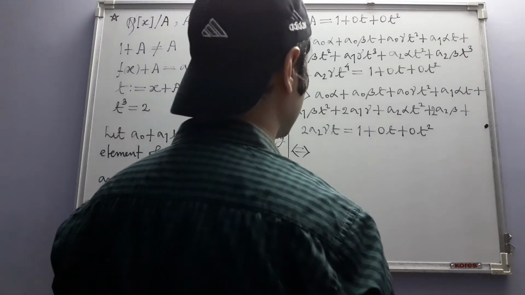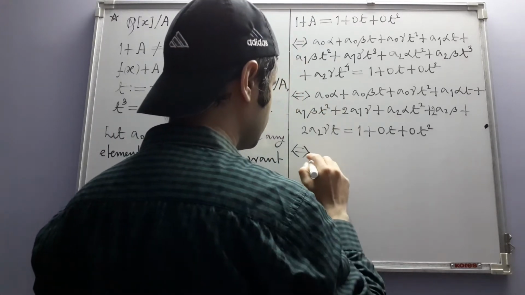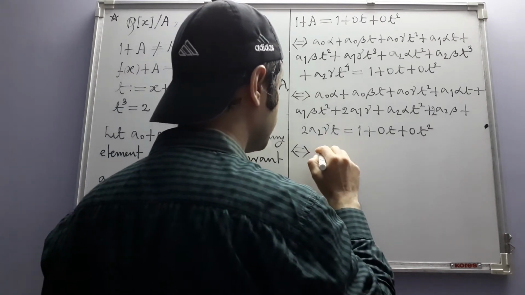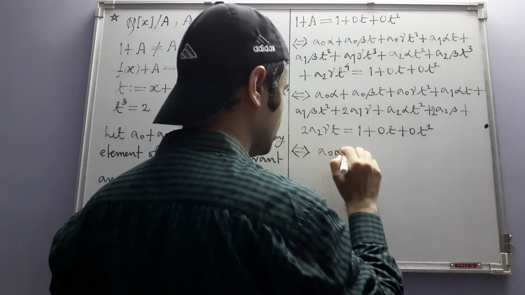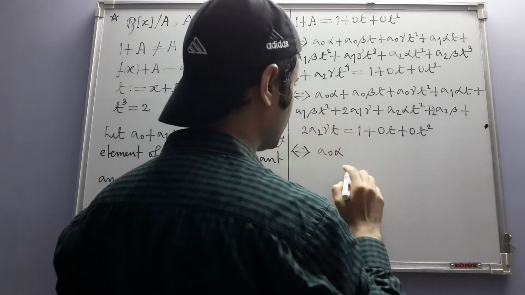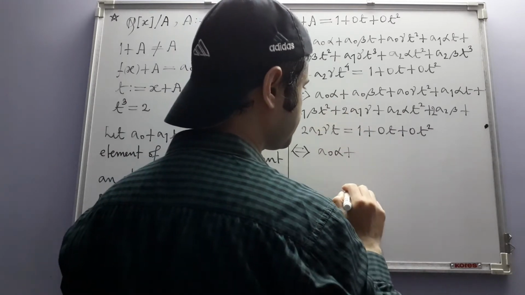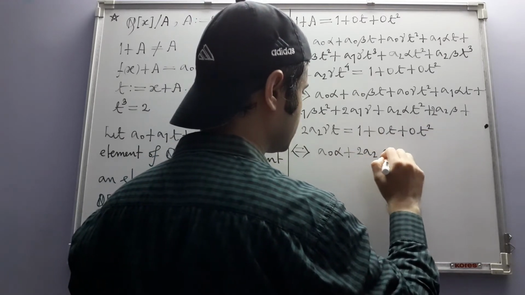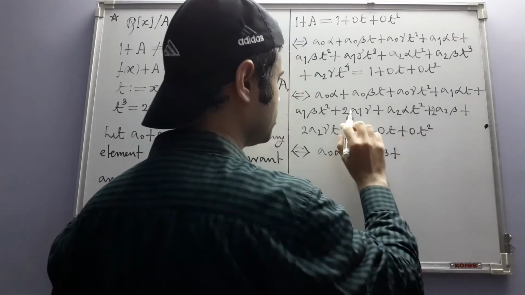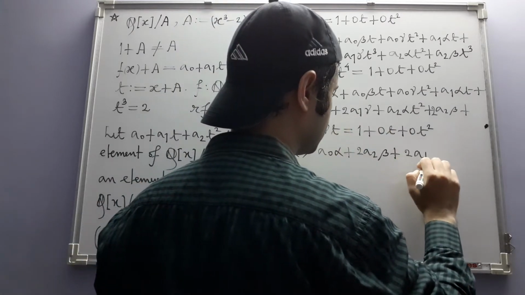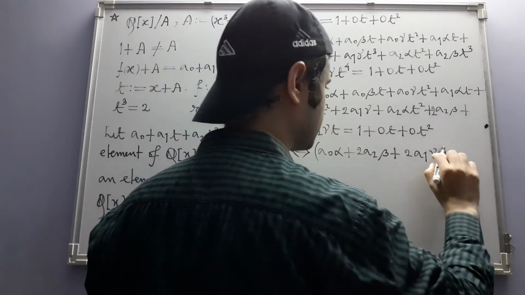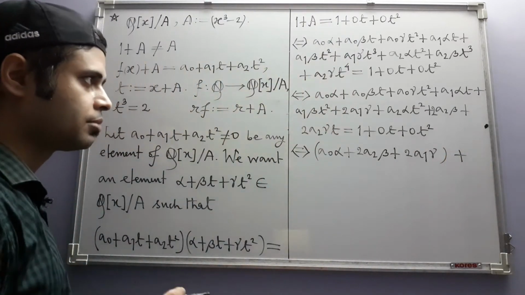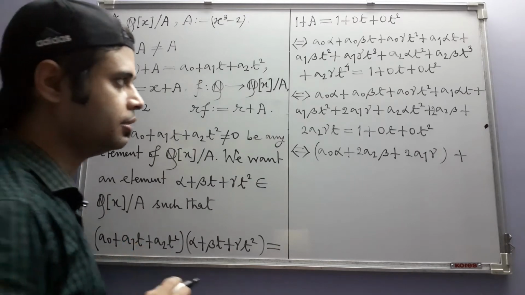Now we arrange the terms like how we have on the right hand side. We collect like terms. So first we have terms which have no t. So this is a naught alpha plus 2a2 beta plus 2a1 gamma, plus then terms which have only one t.